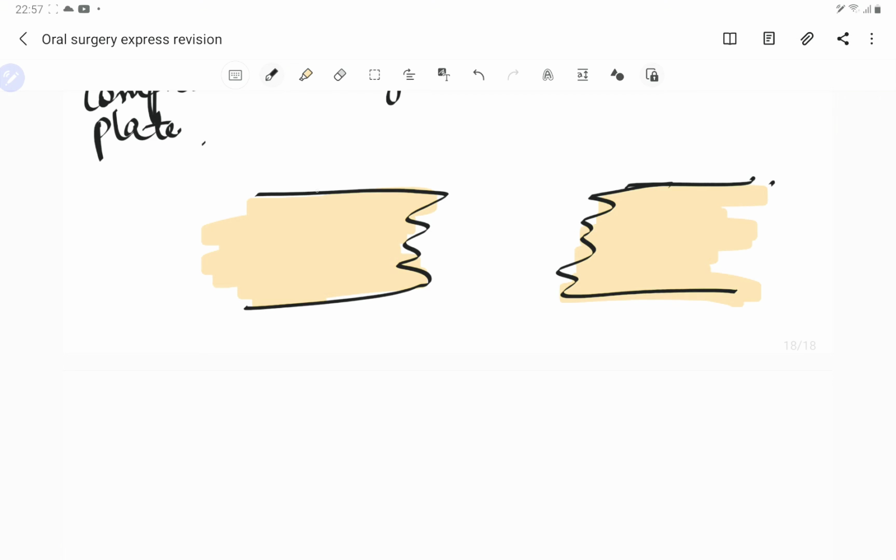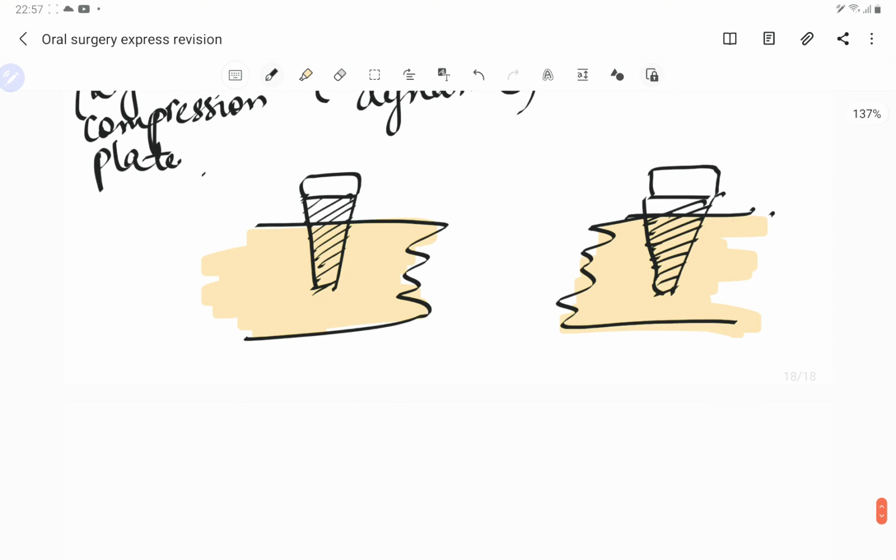So we place the plate and the screws inside this fragment. First it goes down, then both of these screws start sliding towards the center of the hole.